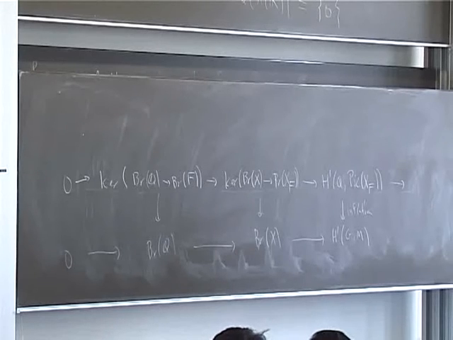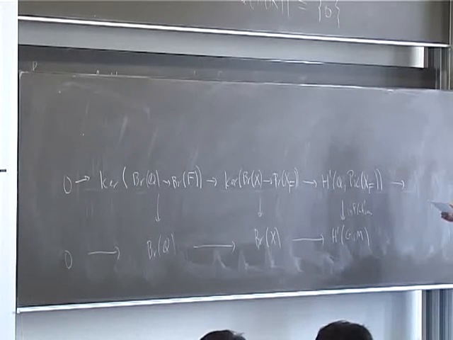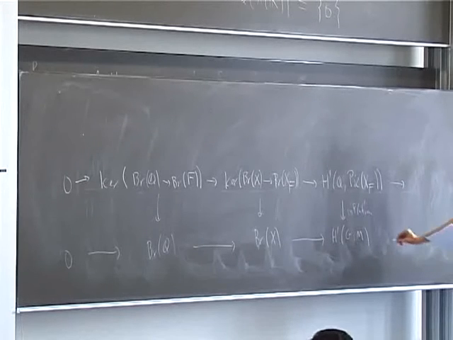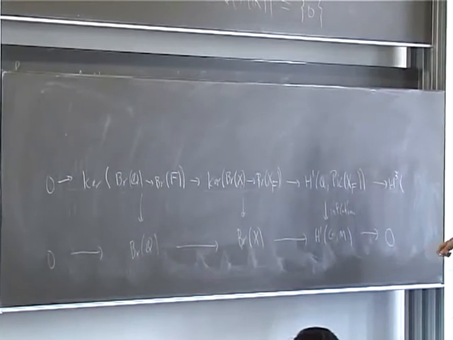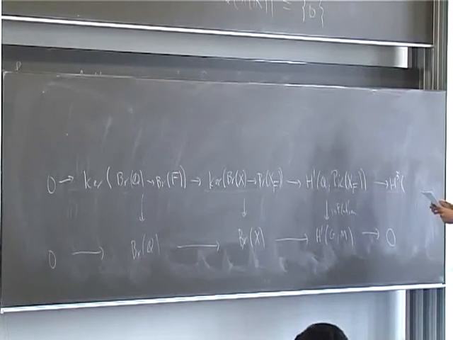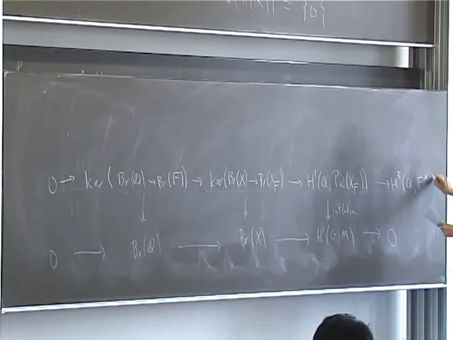Now this is exact, but here there's a nasty H3 group. Which is it? It's H3 of Q with values in F star.